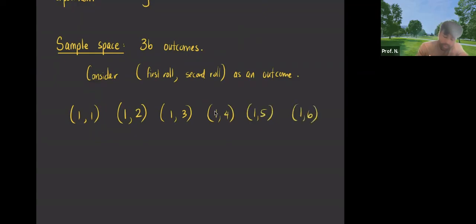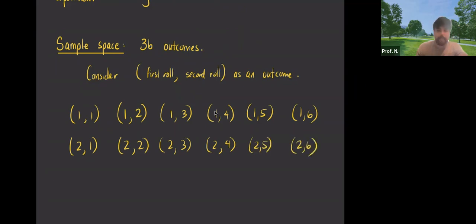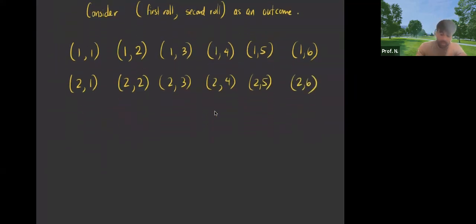And then we can say, well, what if the first roll is a two and the second one is a one? What if the first roll is a two and then a two, then a three, then a four, right? Do you see this? And then we can keep on going. I hope you see that we can go all the way down to the first roll being a six and the second roll being a one, and this would be six, comma one, and so on.